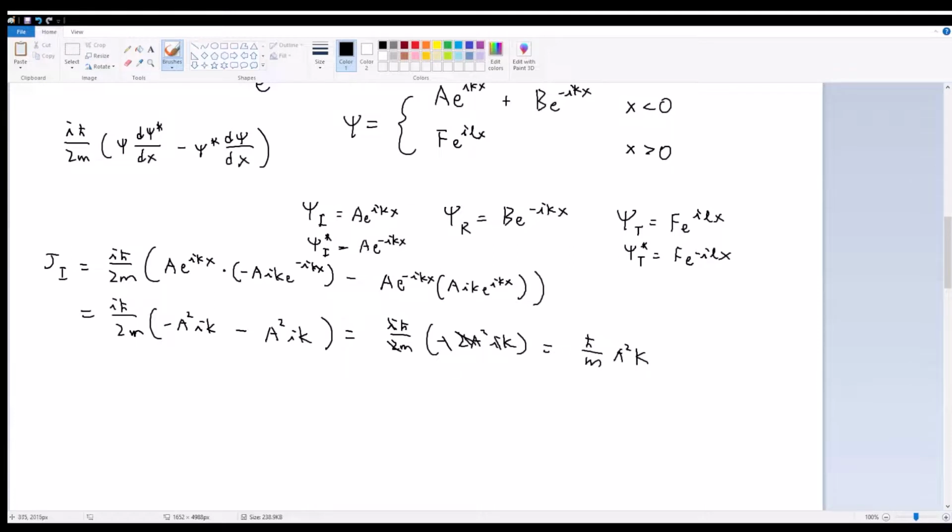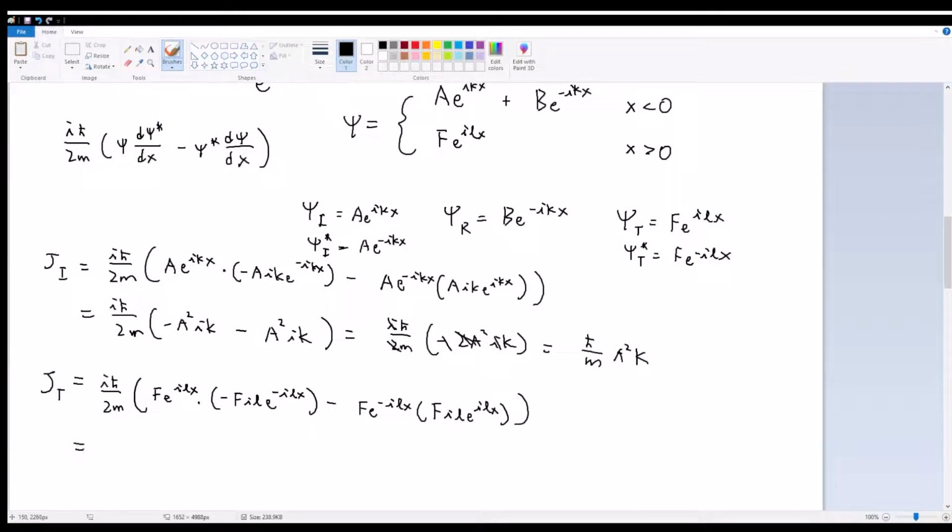And then similarly, j t, transmission probability current, is going to equal i h bar over 2m multiplied by f e to the i lx multiplied by negative f i l e to the negative i lx, minus psi star, which is going to be f e to the negative i lx, times the derivative of psi, which is going to be f i l e to the i lx.